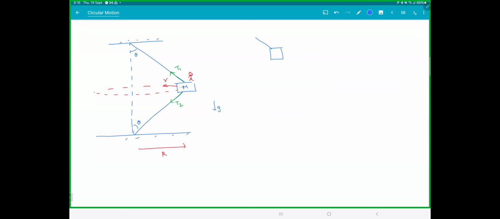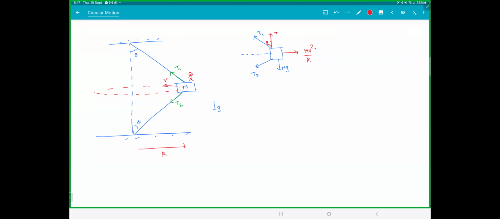So my forces are T1, T2. The centrifugal force will be away from the center. So in this case, it is mv square by r, and your own weight mg. So if that angle is theta, this is theta.